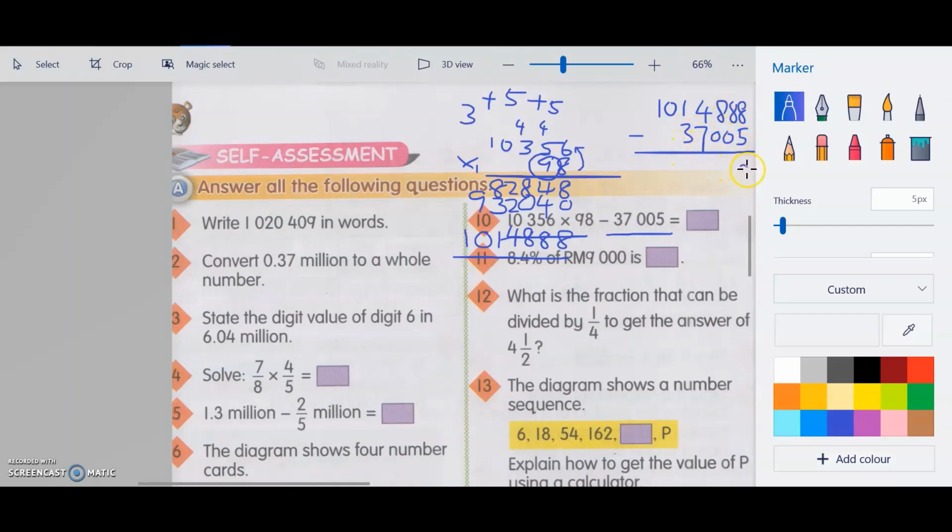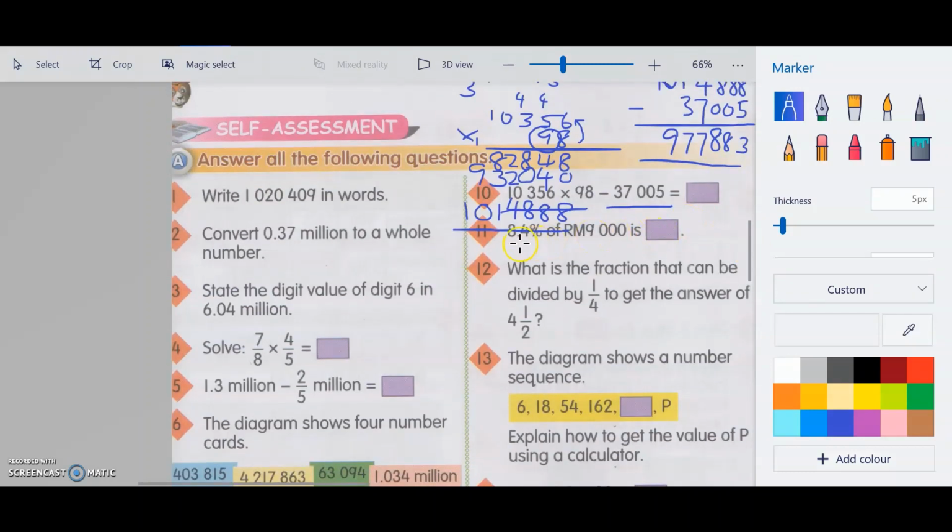Then you minus this one, plus 10 minus 1. Plus 10. This one minus 1, you get 9. So your final answer is 977,883.